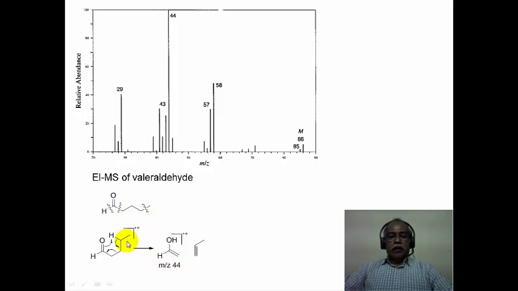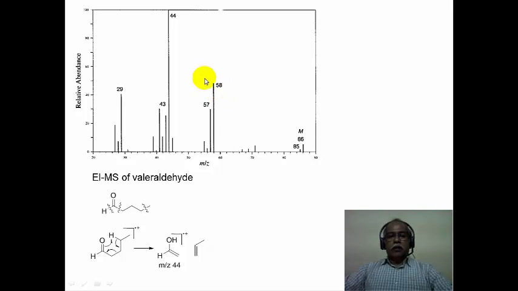Then the McLafferty rearrangement peak should come around 44. In fact, that is the base peak in this particular spectrum. And 57 corresponds to a gamma hydrogen abstraction. One can also have alpha, beta, gamma, delta hydrogen abstraction with the loss of 28 mass units from the molecular ion peak, for example. That should result in the formation of the 58 peak.